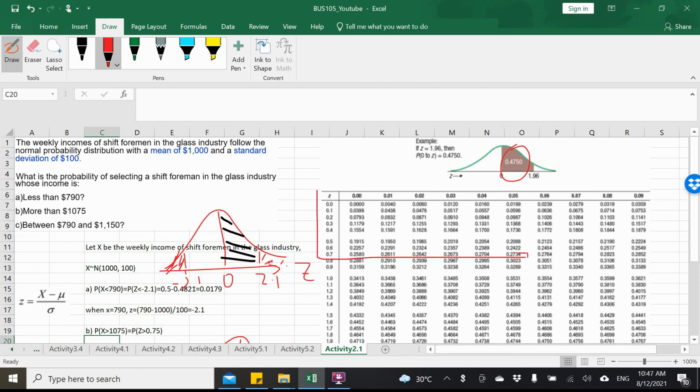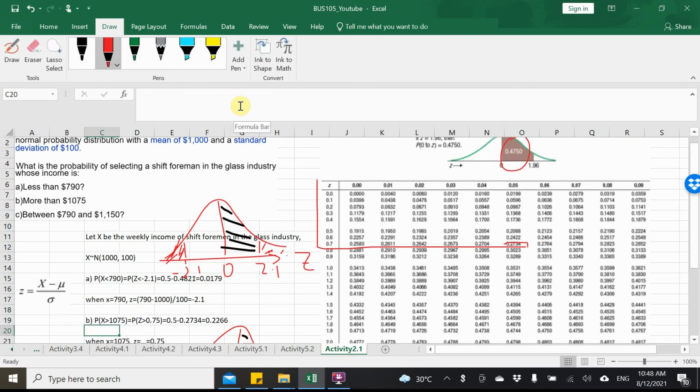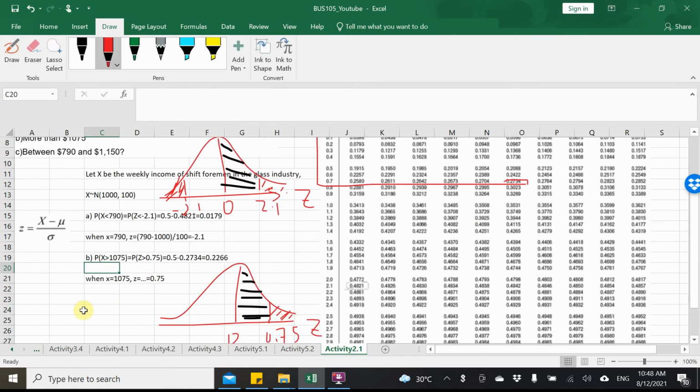Then we end up at this value. That is the area for the black shaded area. So we can type our answer here directly. This equals 0.5 minus 0.2734. So you get the answer 0.2266. So that's our answer for part B.